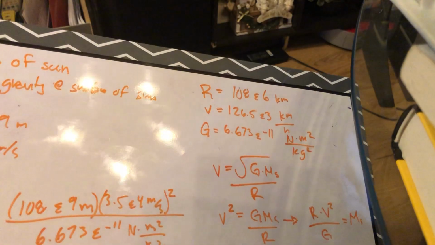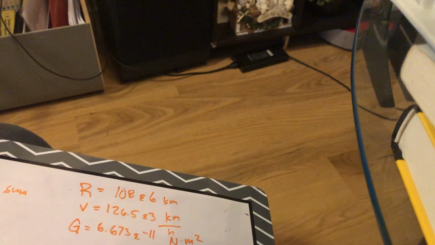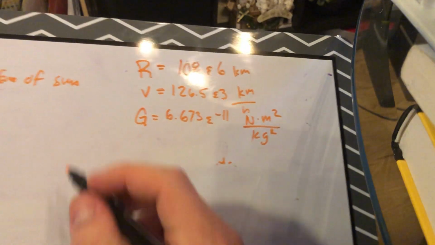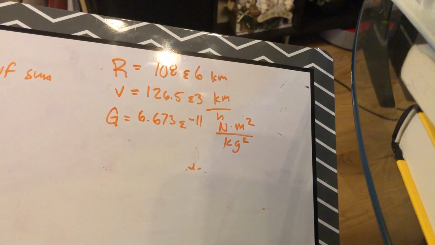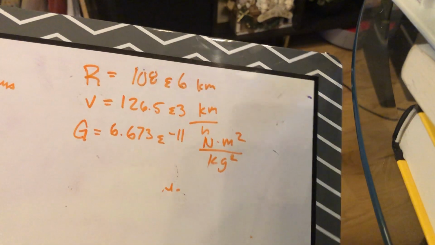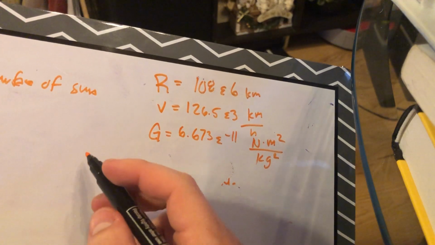Now, if we want to get the gravity at the surface of the sun, what we can do is go back to our equation. It's not really our equation, it's just an equation.